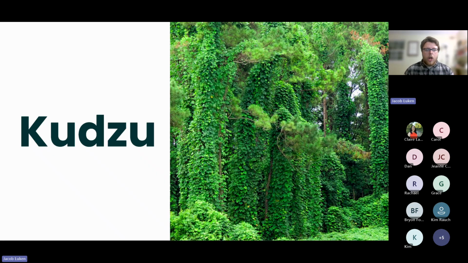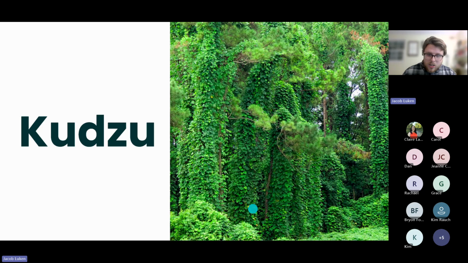So kudzu, a lot of us have heard of kudzu, which is the vine that ate the South. From this picture here, it may be difficult to tell exactly what kudzu is, but it is every single one of these pillars, which are likely tree trunks under here.